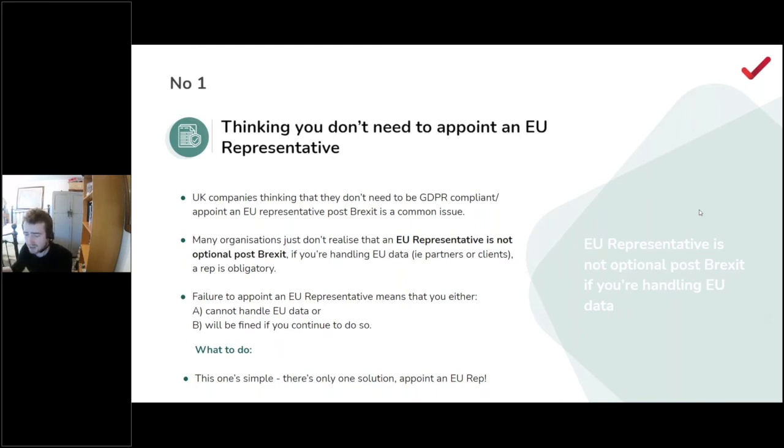So whilst the ICO did not confirm this specifically, largely I suspect because adequacy is not a factor in the decision, information on the ICO website does appear to indicate that this is the case. So what you need to do is find an EU rep. Fortunately, there are plenty of services that offer this, such as PreDetect's own, and it does not involve a huge amount of effort from the organizations in order to set up.